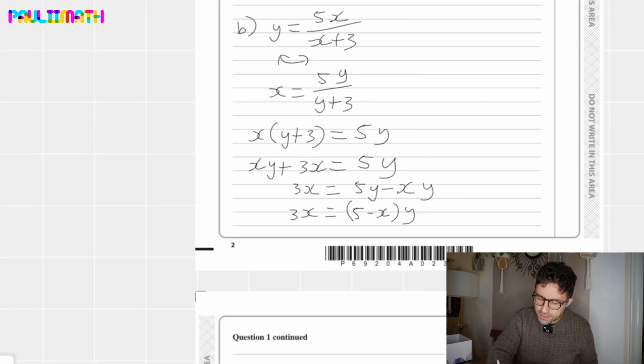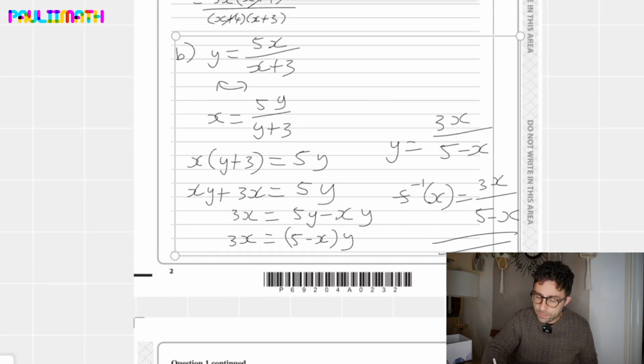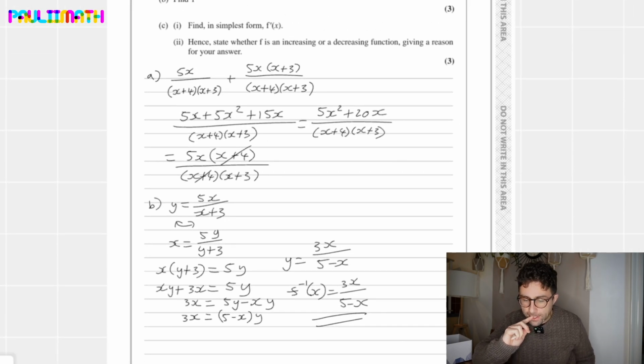And then I'm just going to write it here. y equals 3x over x minus 5. I'd rewrite it with inverse notation, just so I don't get in deep trouble for leaving it as y.